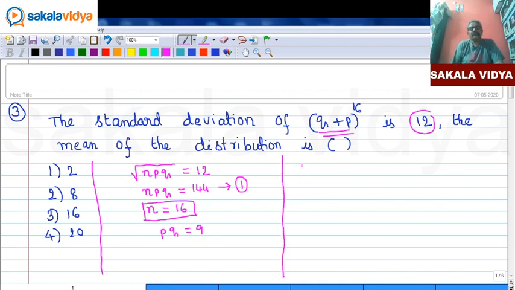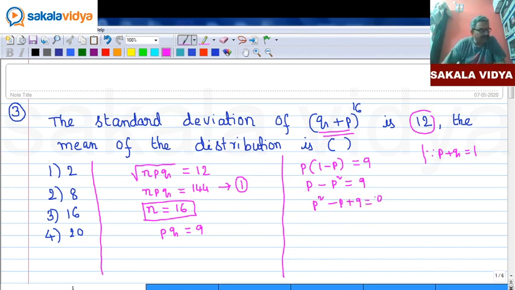Now you can substitute q: we have p into 1 minus p equal to 9, since we know that p plus q is equal to 1, probability of success plus probability of failure. We get p minus p square is equal to 9. This we can write as p square minus p plus 9 is equal to 0. What are the factors? You will get it now.